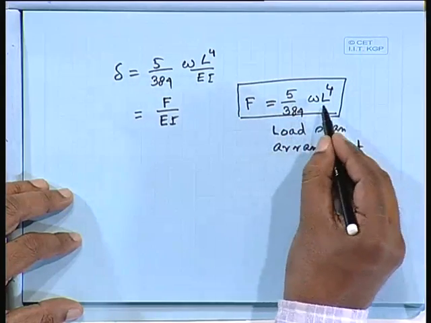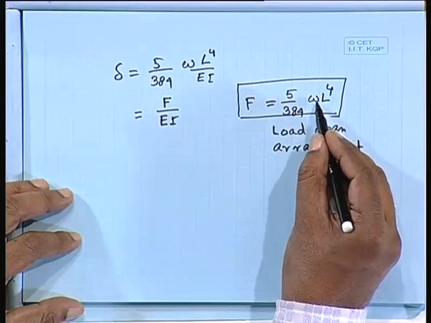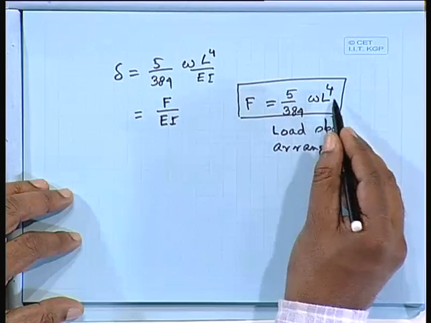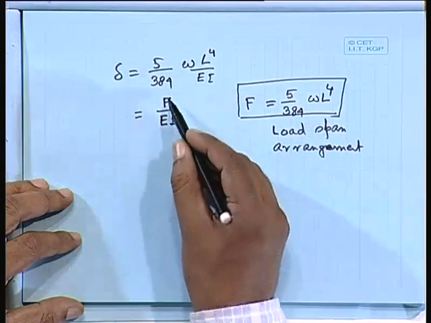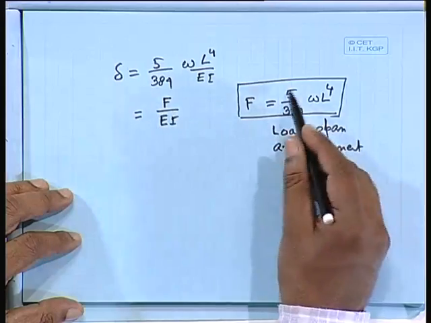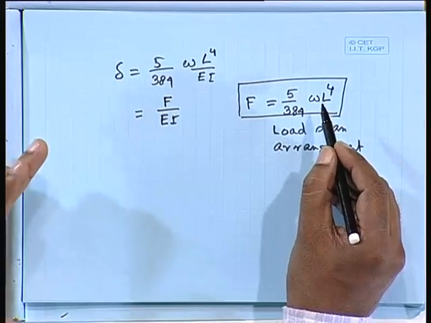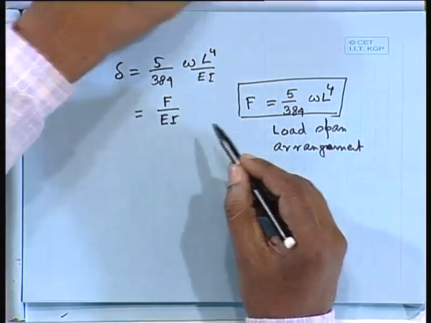F equal to 5 by 384 W L to the power 4, which is due to the load and span arrangement. This is for a uniformly distributed load over a simply supported beam. So F is almost determinate; only the EI part is where we face difficulty.